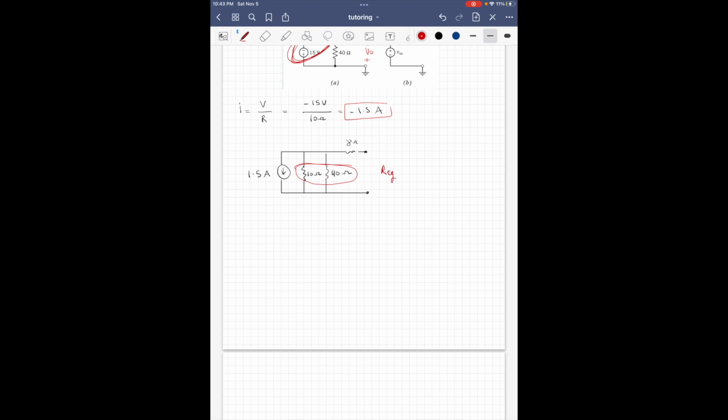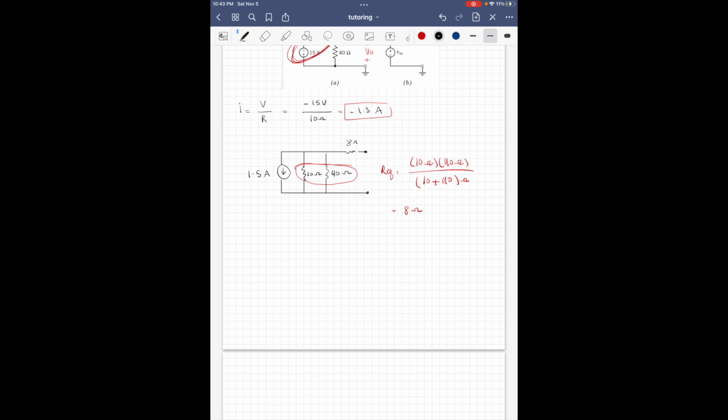It's going to be the product over the sum. So if we do 10 times 40 ohms over 10 plus 40, that will give us 8 ohms.